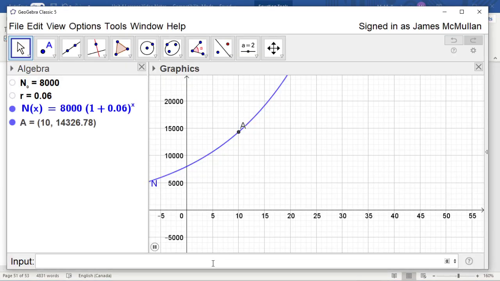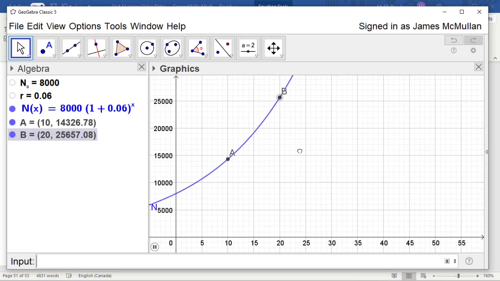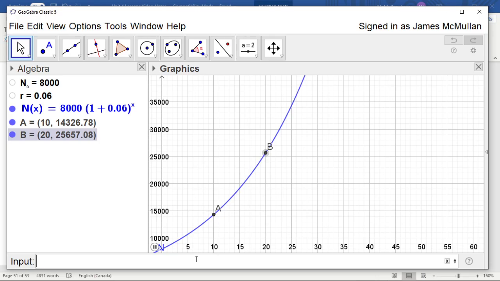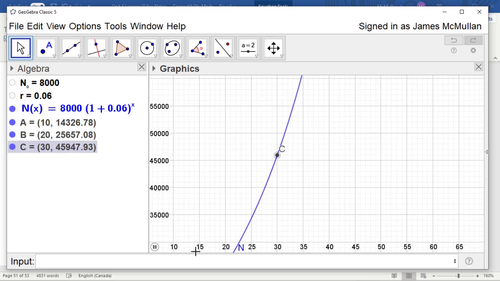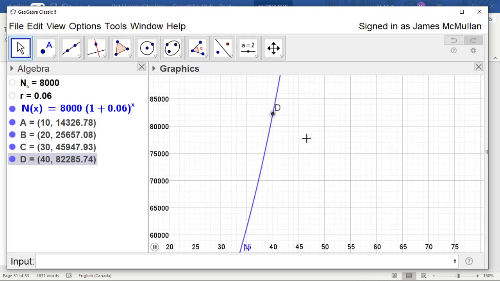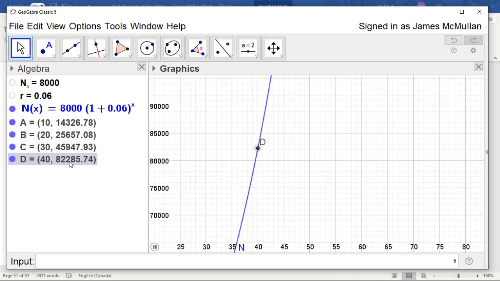20 years later, it's at $25,000. 30 years later, it's at $45,000. And the question we were asked, which is how much was it worth 40 years later, is $82,000. 10 times its value, right?